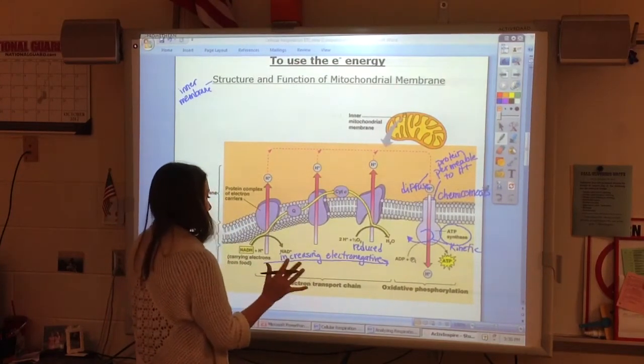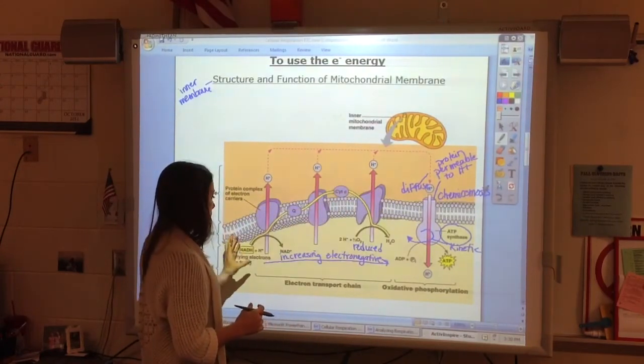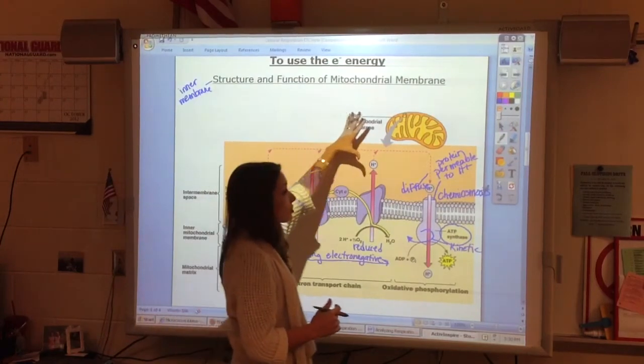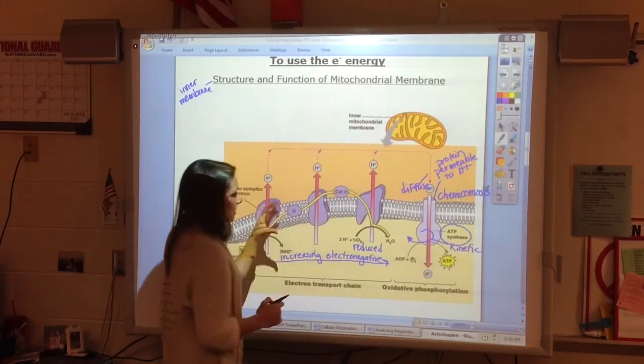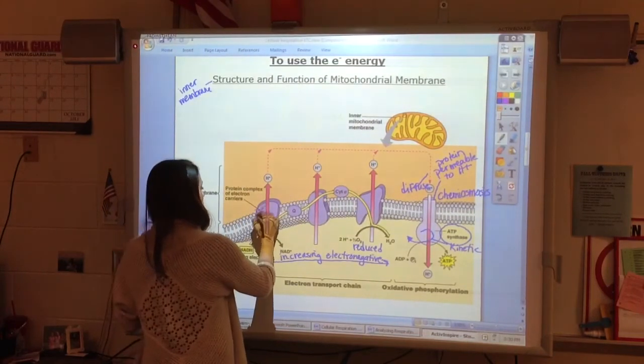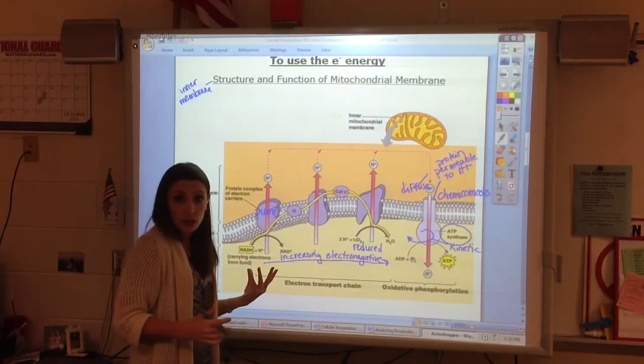So taking a second to really look at what's happening here. I have embedded proteins. I'm going to transfer electrons, pump hydrogen ions. Let's go back to this idea of pump. Because normally when we talk about pumping hydrogen ions, we talk about active transport needing ATP.